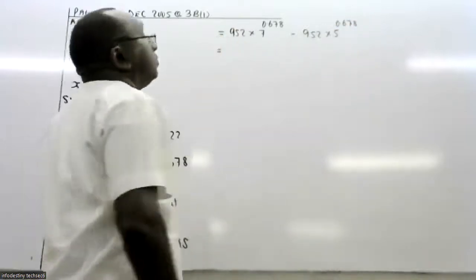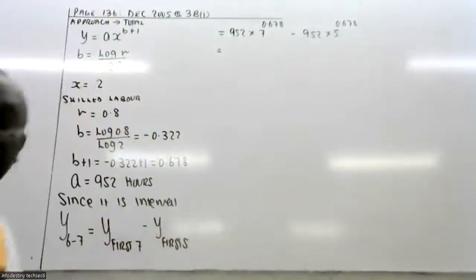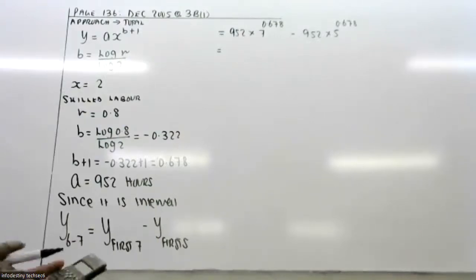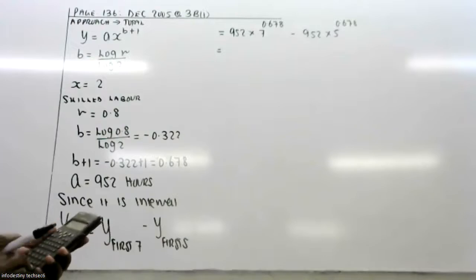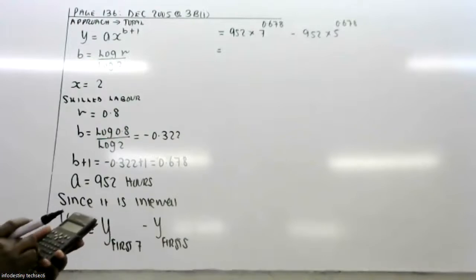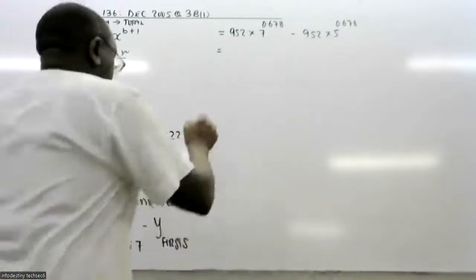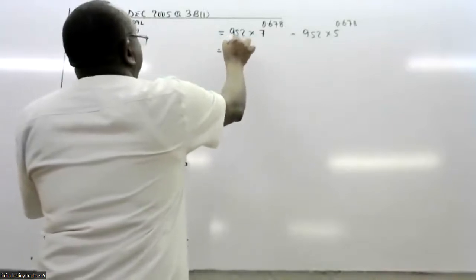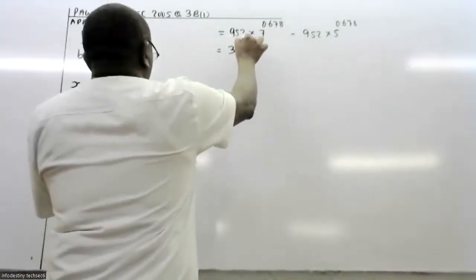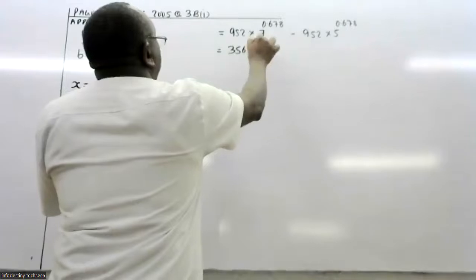Now 7 raised to power 0.678 times 952, I'm getting 3561.34.